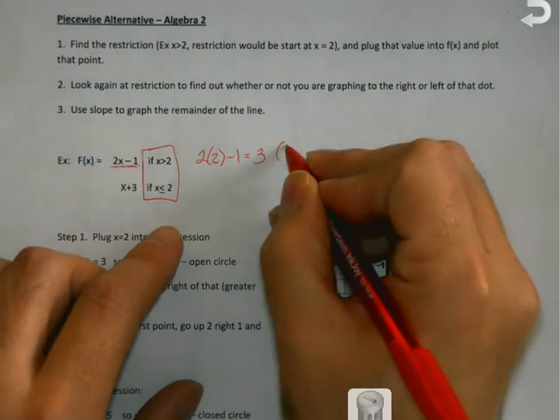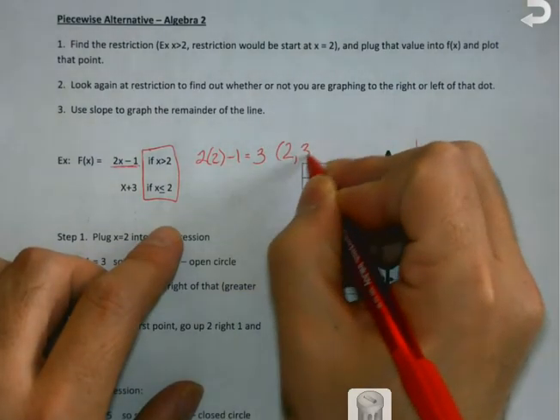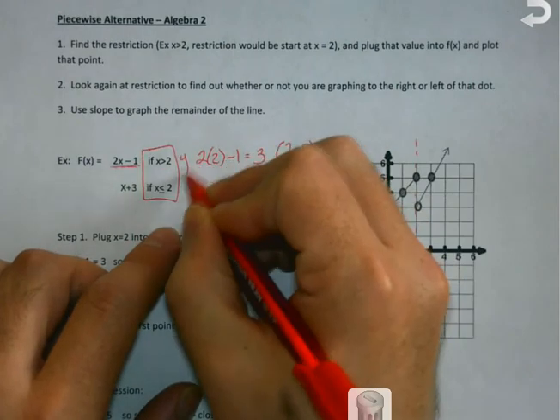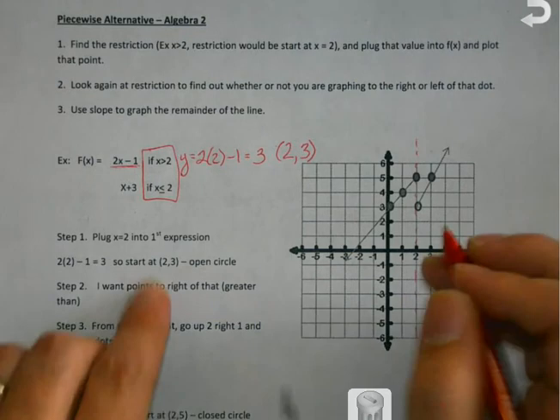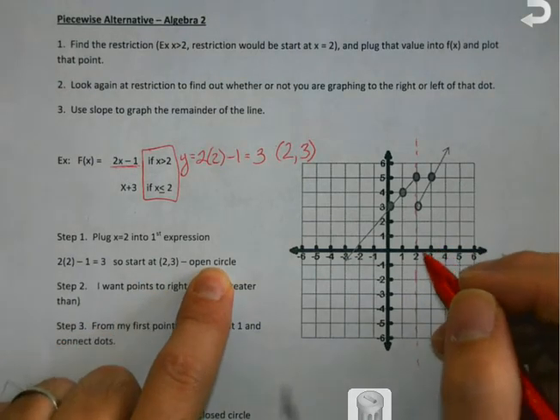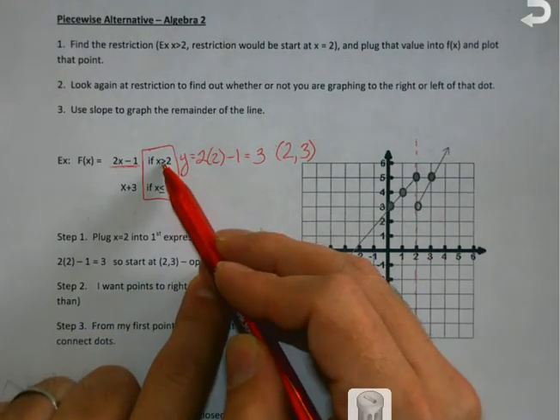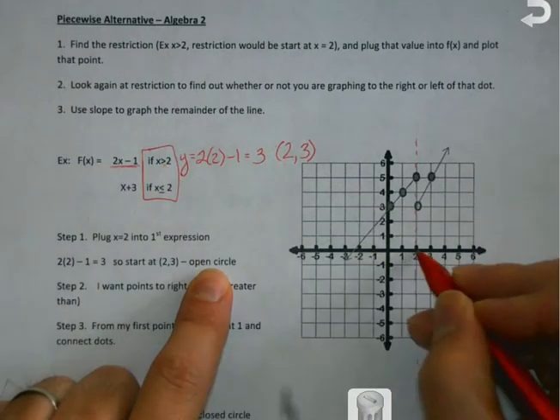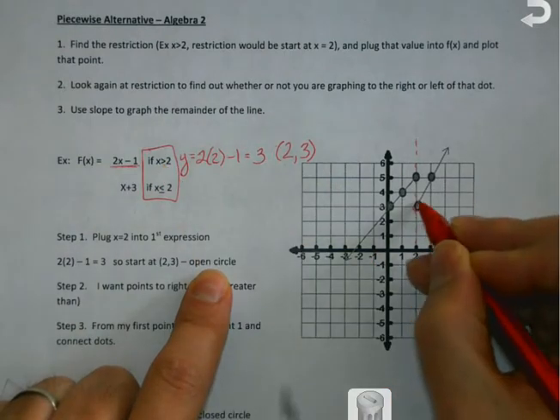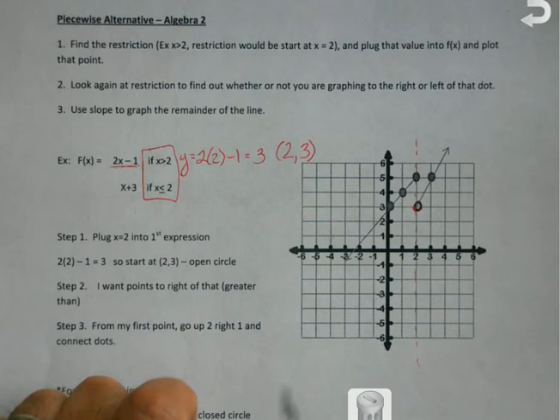When x is 2, my y value, because that's what f of x means, is 3. And it says open circle. Now, how do I know that? Remember, if there's no line underneath, that tells me it's open. So I go to 2, 3, and put an open circle.